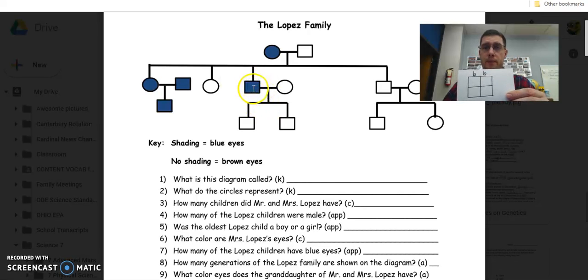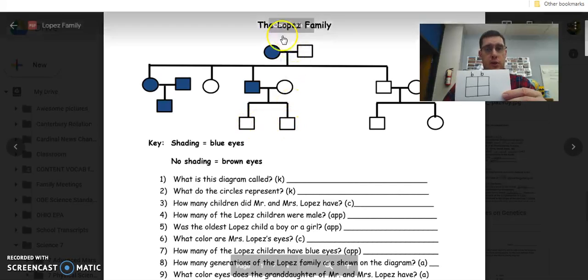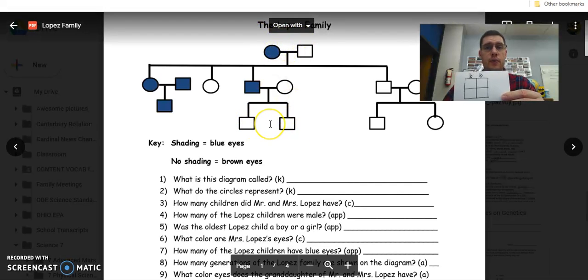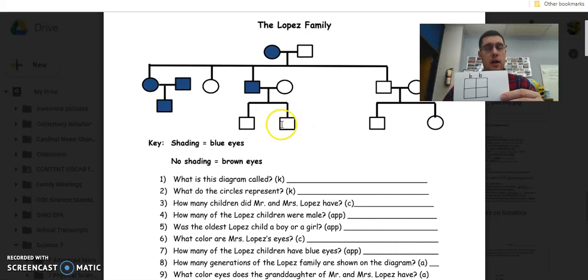Now, we know that these are the grandchildren here. These kids don't have blue eyes because they're not shaded. So, what are we going to cross over here with this that will give us 100% no homozygous recessives?